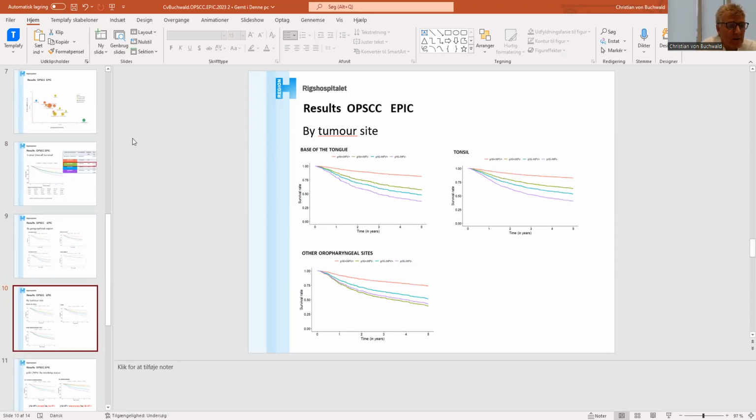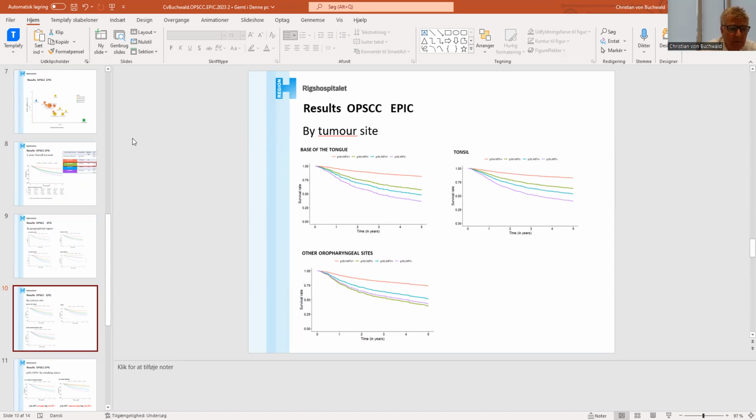Then we address the significance of tumor site. We all know that by far most cases of oropharyngeal cancers are located in the base of the tongue or in the palatine tonsils, but we also have cases representing other oropharyngeal sites. As seen here on the curves, you see again the same pattern.